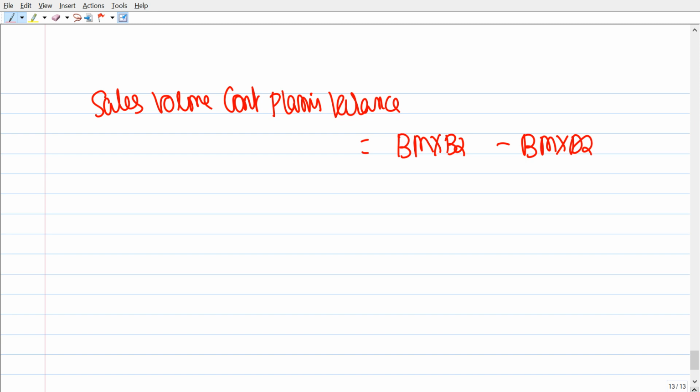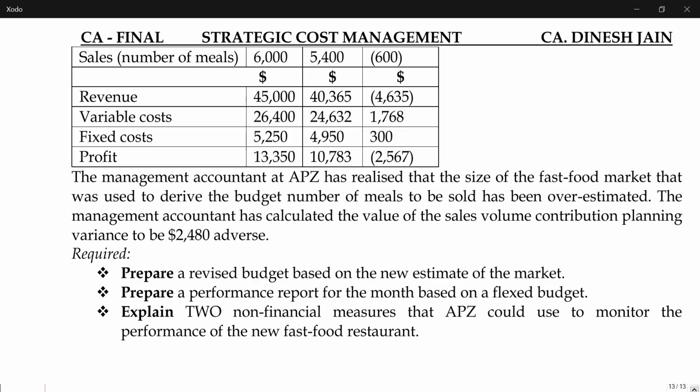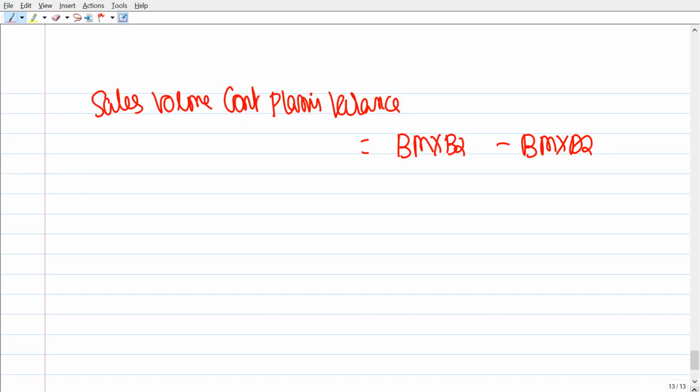Now listen, what changes is, formula never changes, but BQ refers to your original budget quantity and AQ refers to your new budget quantity. How much is the variance? Adverse means it's positive for us. 2480 is equal to, adverse is a positive scenario for us in sales variance.